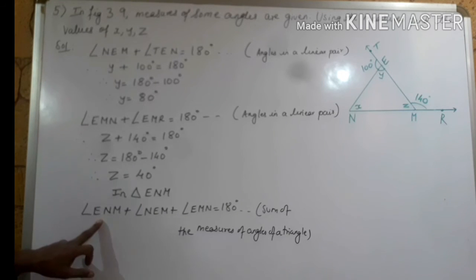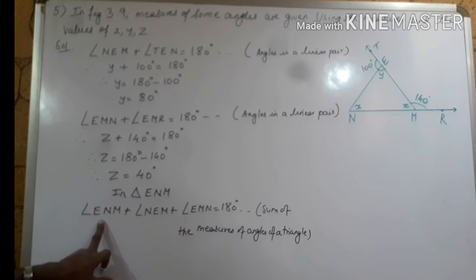So we know that the sum of the measures of the angles of a triangle is 180 degrees. Therefore, we are going to write it very carefully. Did we get the value of ENM? We got the value of ENM.